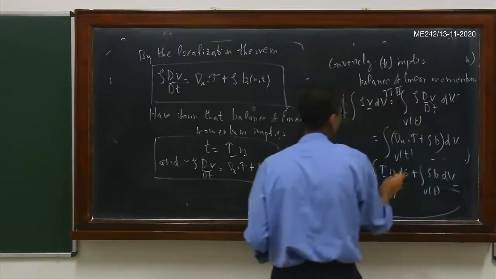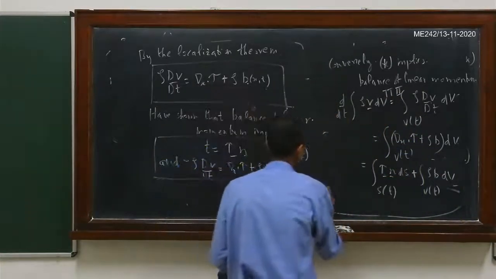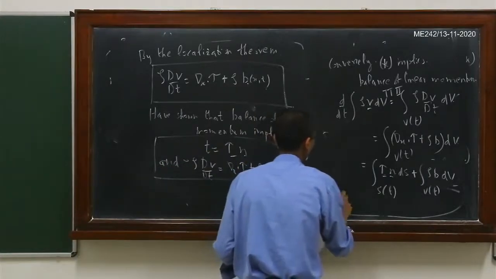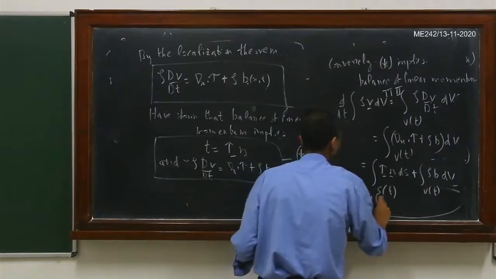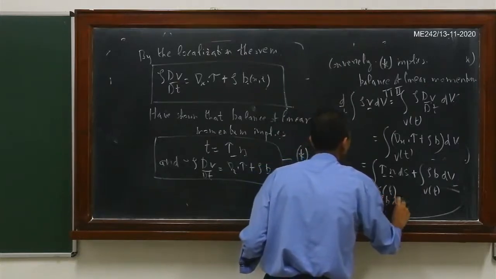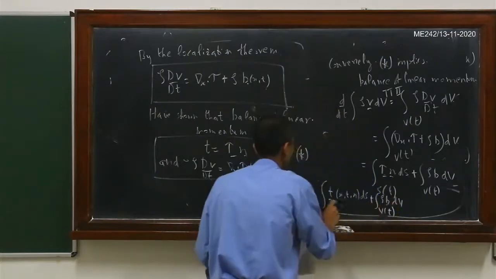And this tau n is a traction, as we have shown. So that is equal to the integral of t(x, t, n) dS plus the integral of rho b dV over V(t), with S(t) as the boundary.